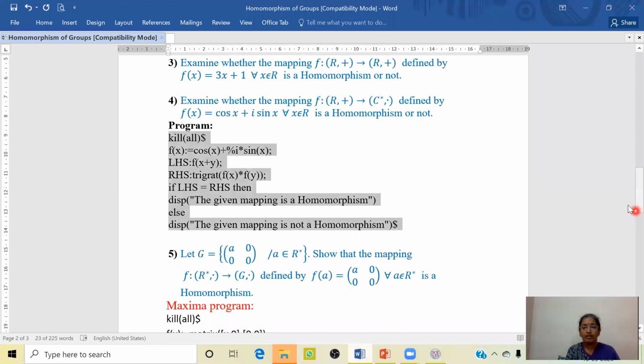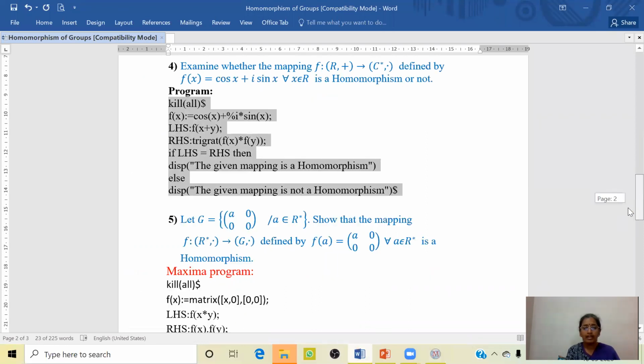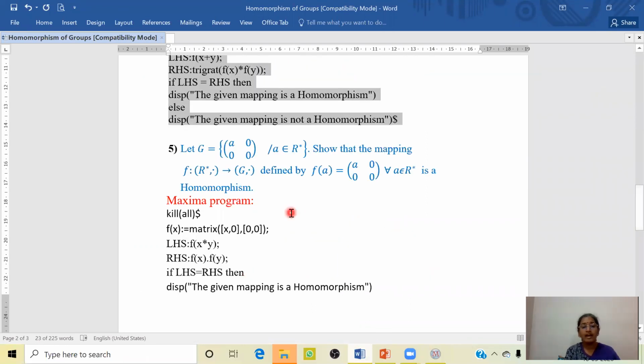Now let us move on to one more example here. Here we have a matrix format in a group G, in the form of 2 cross 2 matrices. The first row contains a, 0, and the second row 0, 0, for all a belonging to R star. Now we need to show that this mapping from R star to G defined by f of a equals the matrix a, 0, 0, 0 for all a belonging to R star is a homomorphism.